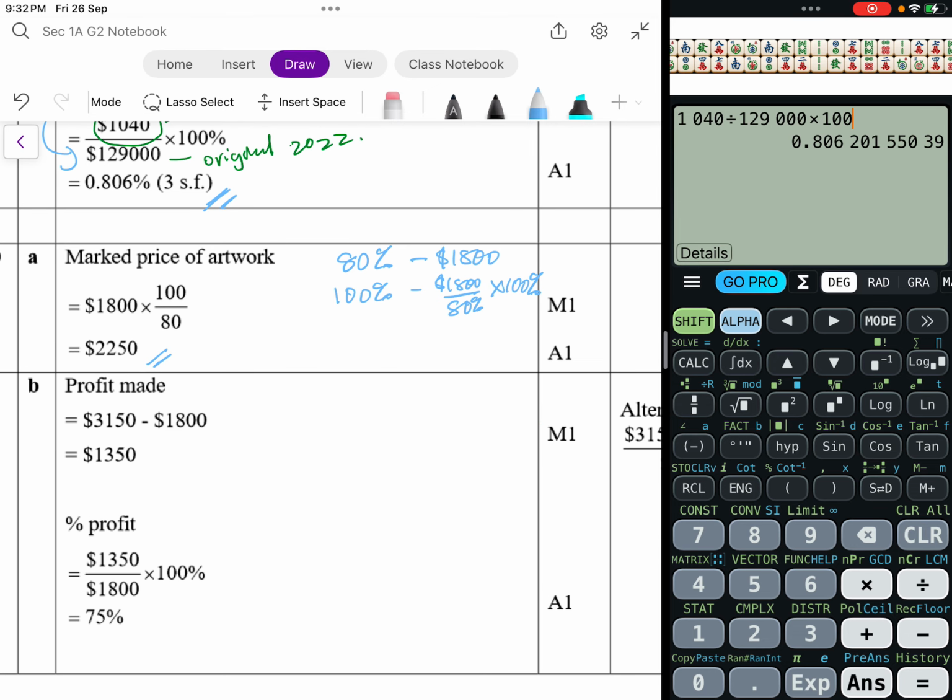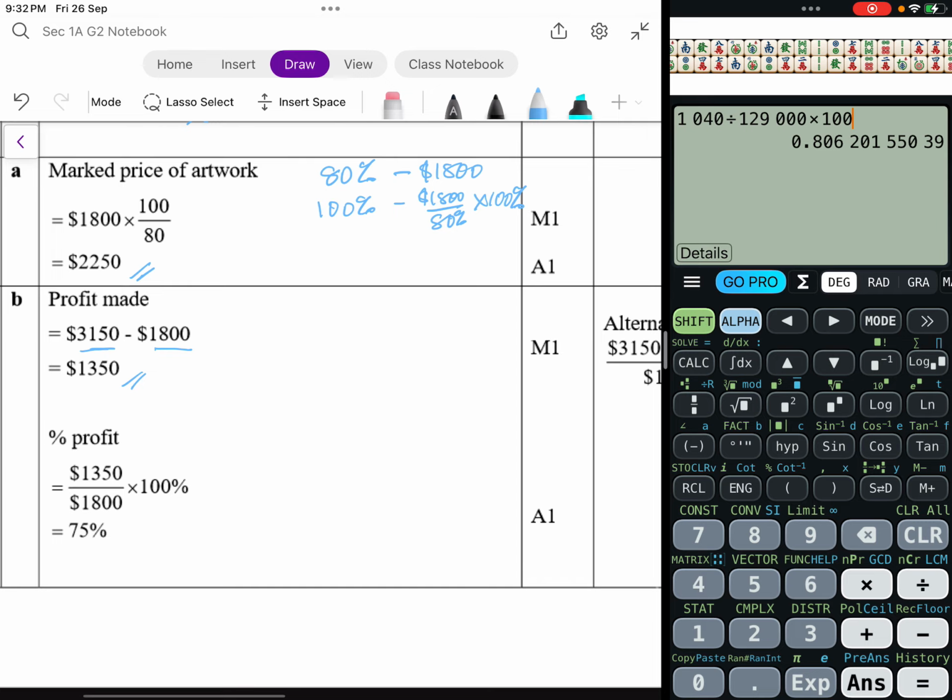Then when she returned to Singapore, she sold the same artwork to a collector at 3150. So find the percentage profit made by Elise. So find the profit first. Take 3150 minus 1800. You get 1,350. Calculate the percentage profit, because this is the extra, the profit she made because she sold it at 3150.